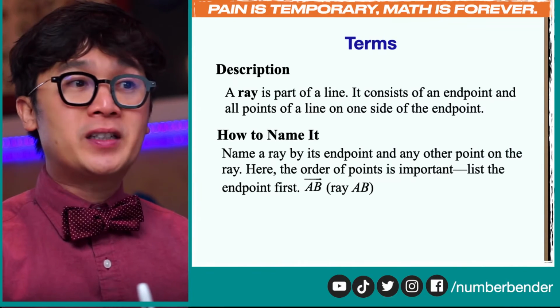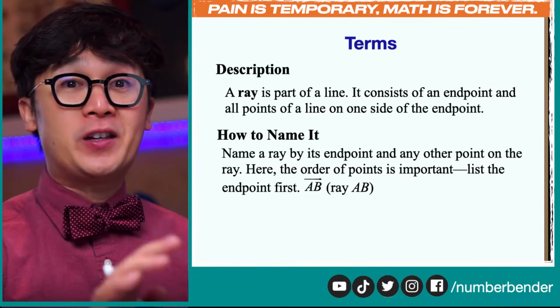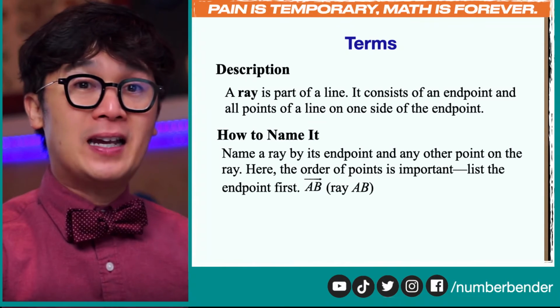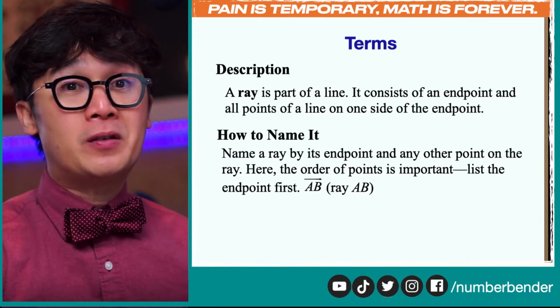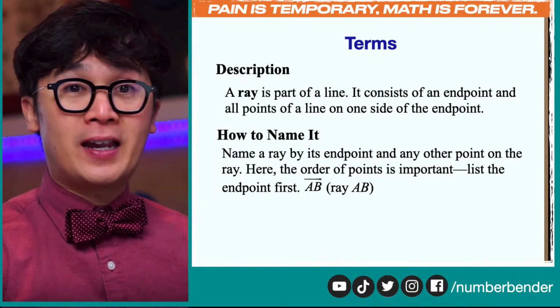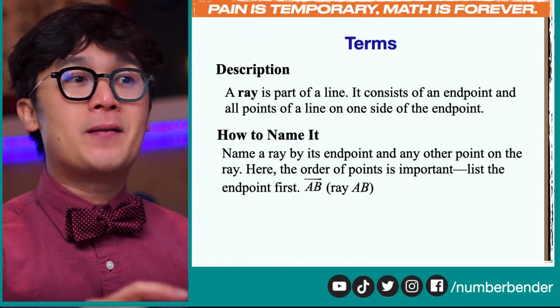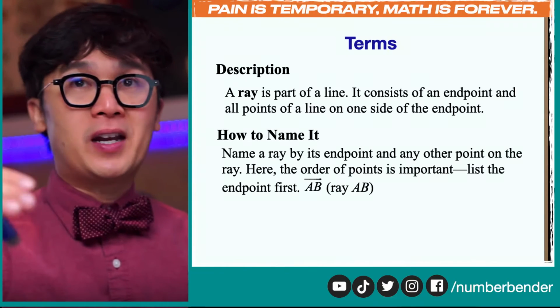Here, the order of points is important. So, ngayon, hindi tayo pwedeng magbaliktad ng mga letra dahil yung isang letra would represent the endpoint at yung isang letra would represent yung arrow natin or non-terminating line.